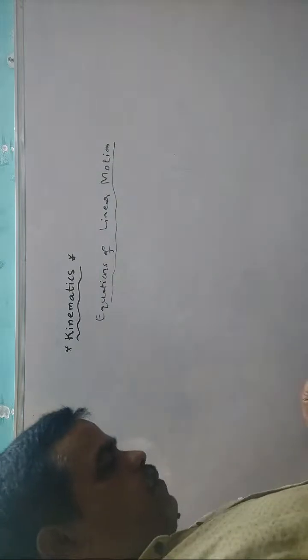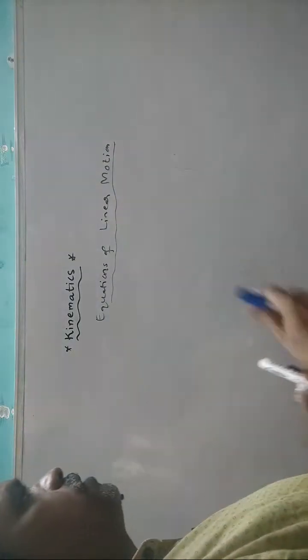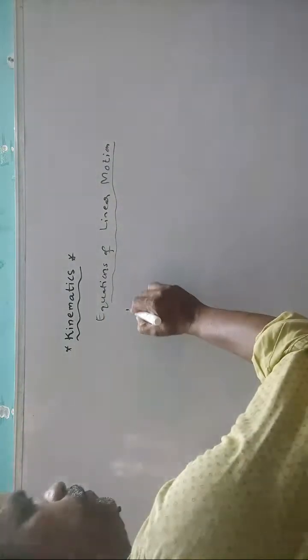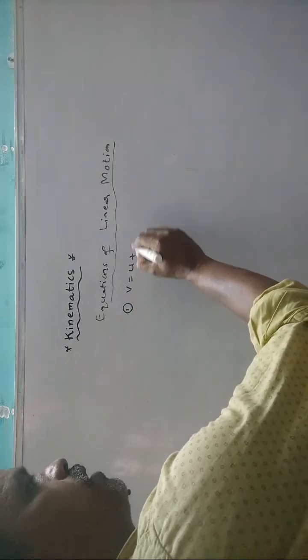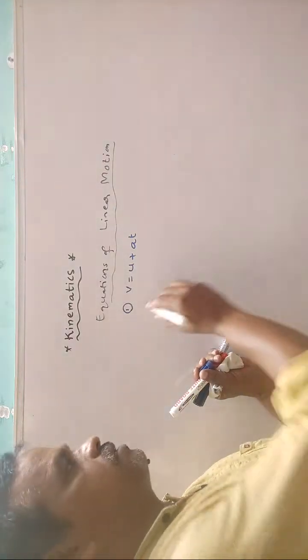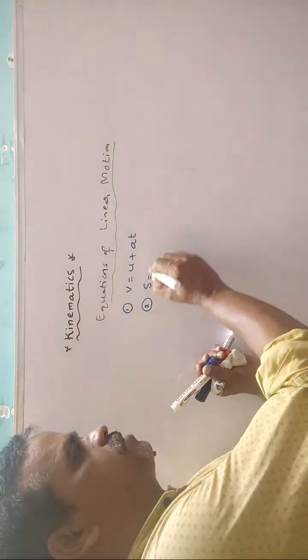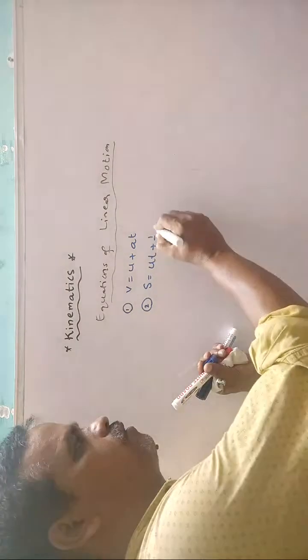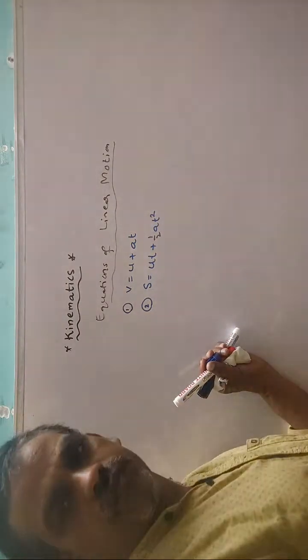So what is the first one? Can you say? v equal to u plus at. The second equation is s equal to ut plus half at square.